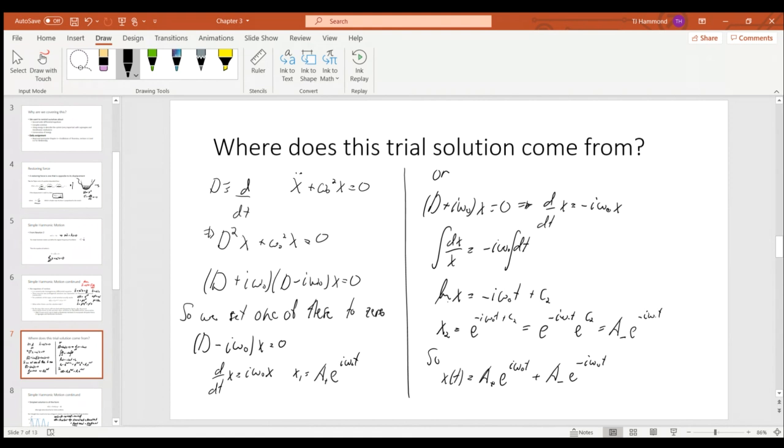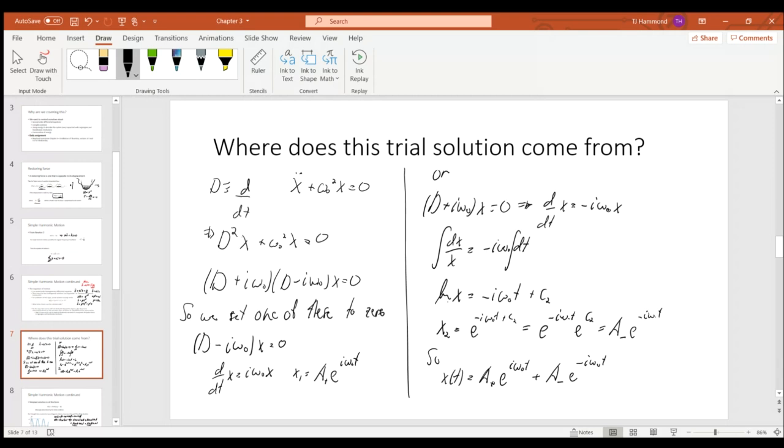It has two roots, but no real roots. So they're both complex roots or imaginary roots. So we set one of these to 0, and so I have D minus i omega naught times x is equal to 0. But don't forget, D is actually standing in for this differential operator d by dt.